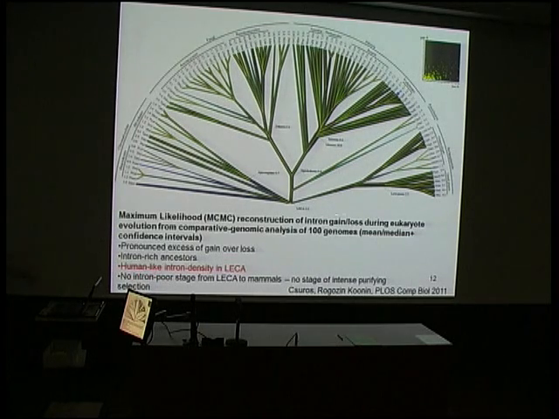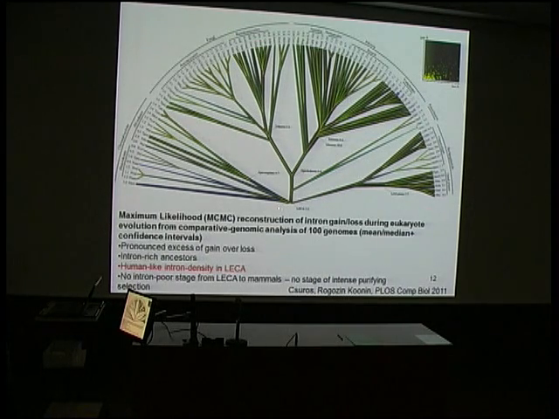Simply put, the last universal common ancestor of eukaryotes, according to this reconstruction, which has quite strong statistical evidence supporting it, had an intron density very similar to that in our human genome right now.